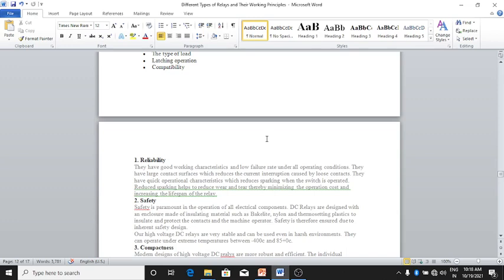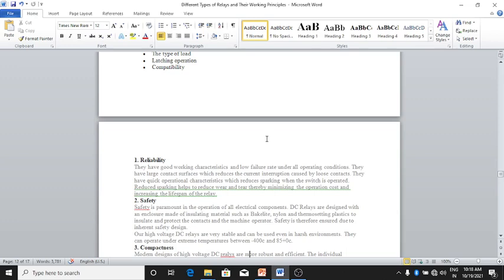Second one is safety. Safety is paramount in the operation of all electrical components. DC relays are designed with an enclosure made of insulating material such as bakelite, nylon and thermosetting plastic to insulate and protect the contact and the machine operators.